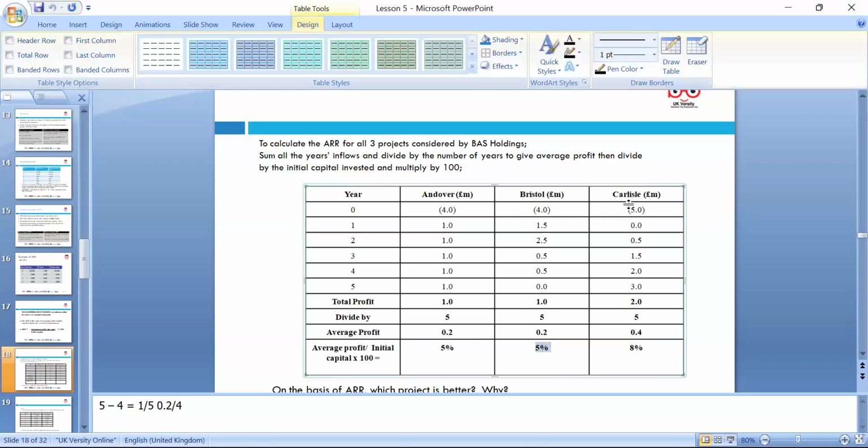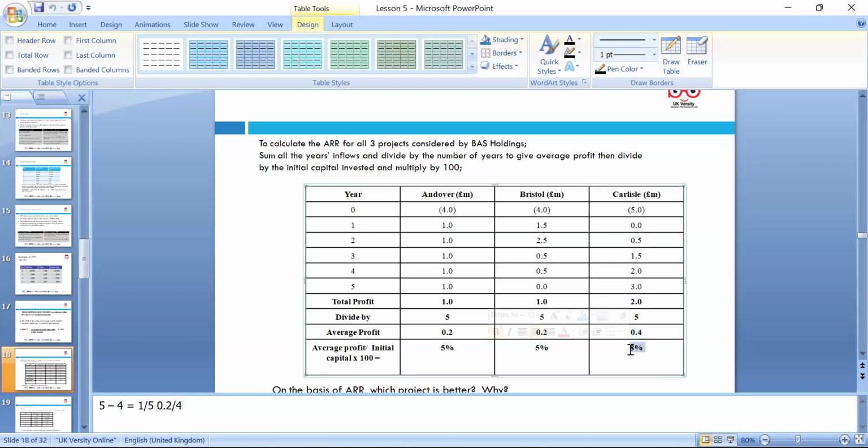Carlisle is the other project, and it requires 5 million. If you have 5 million, you can go for this project. In the first year you don't get any profit, in the second year you get 0.5 million, the third year 1.5, then 2, 3, and the total profit is 2 million. 2 million divided by 5 million gives 0.4 million profit. 0.4 divided by 5 times 100, so it is an 8% profit.